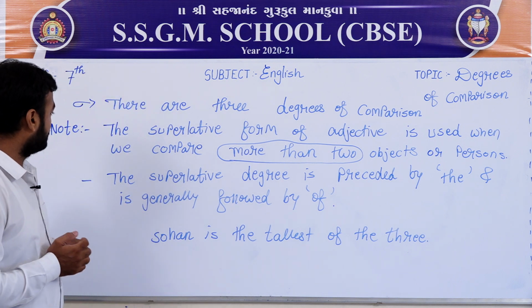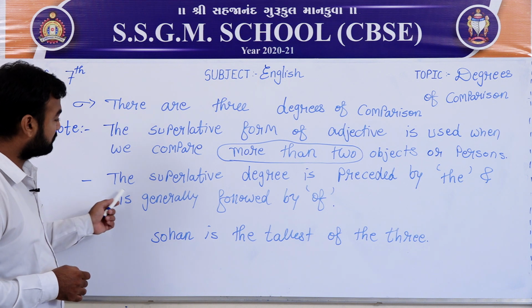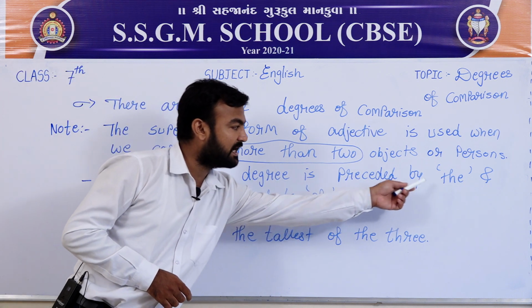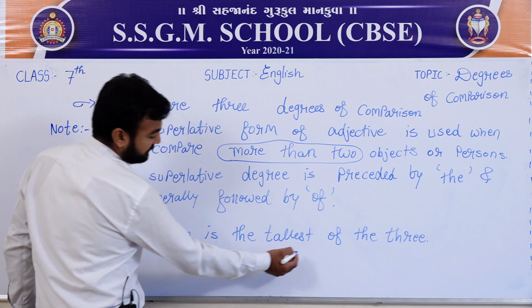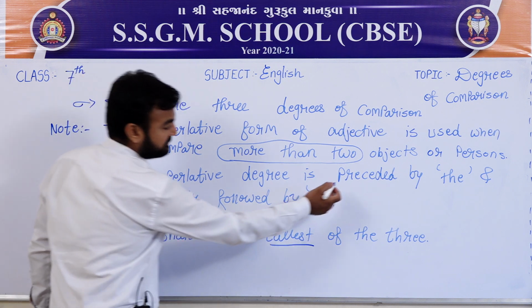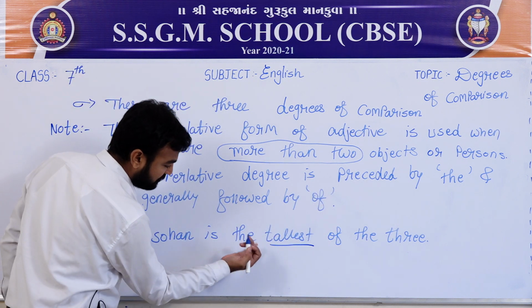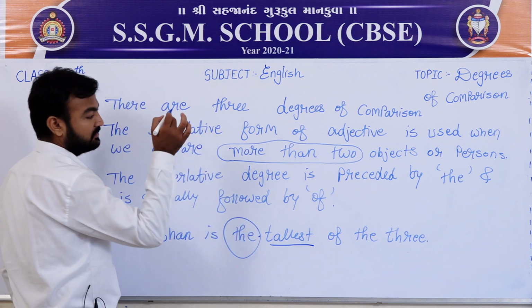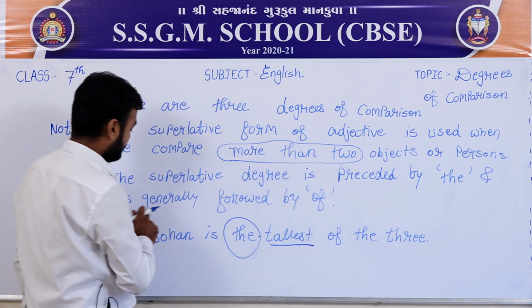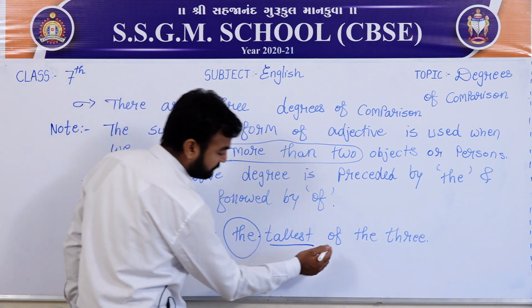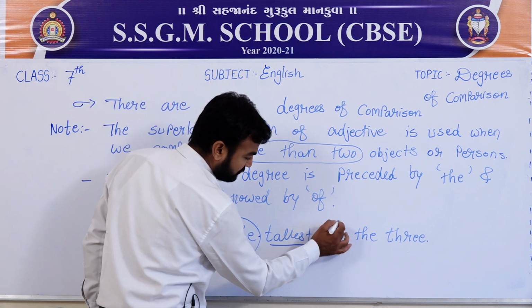Okay. So note number 1 is already explained and I hope it is understood to you guys. And note number 2 is the superlative degree is preceded by the. So we know that tallest is a superlative degree. Preceded means इससे पहले क्या होगा कि वो उससे पहले the होगा and it is generally followed by of. तो superlative degree के बाद क्या follow करेगा?